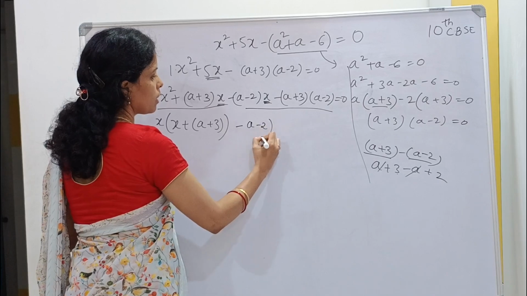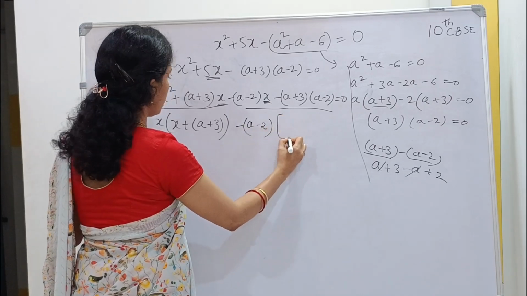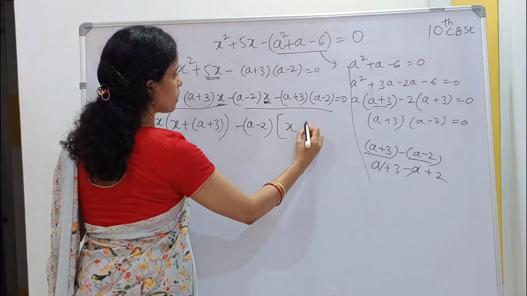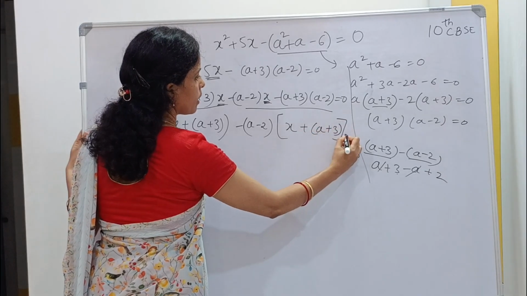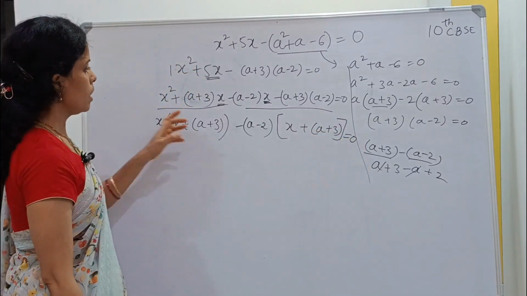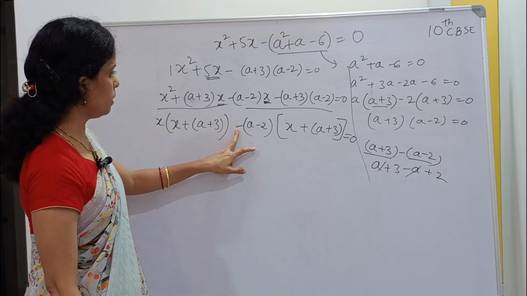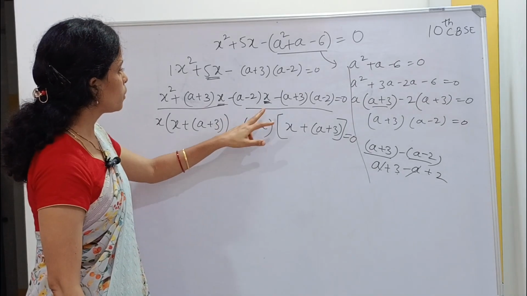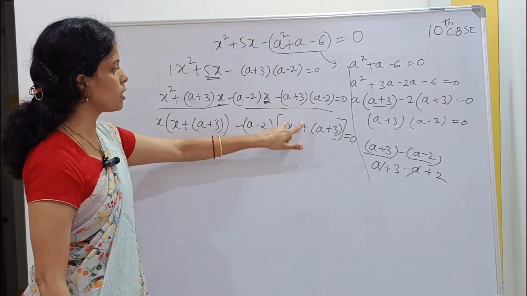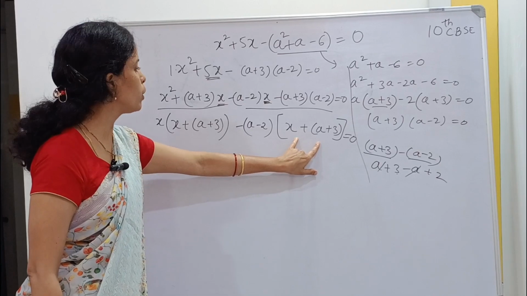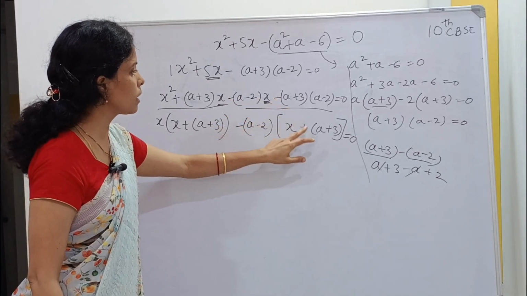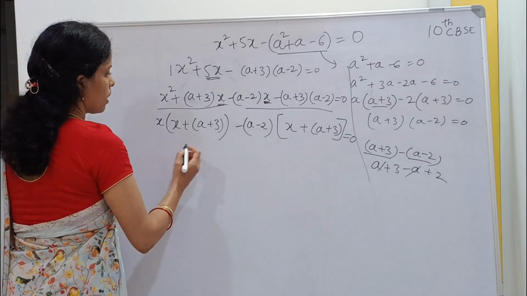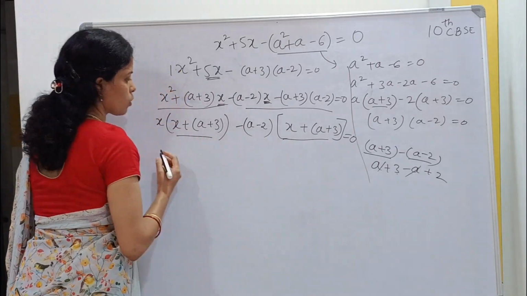So a minus 2, again, x plus a plus 3 is equal to 0. So we have taken minus as common, a minus 2. So the symbols should be interchanged inside the brackets. That's the rule we know. So instead of minus here, we got plus, and instead of minus again, we got plus. Yes, we are right. Now in this, we have these two as common.